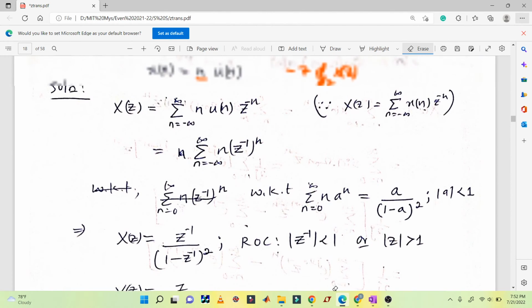Here again this problem is also simple because we have a standard equation for that. Let us go through what it is.